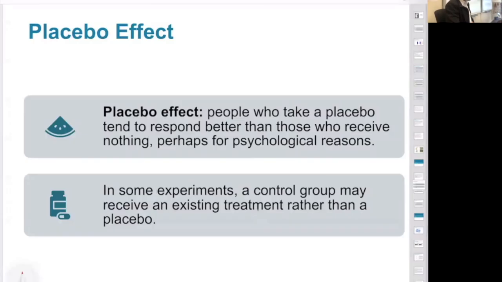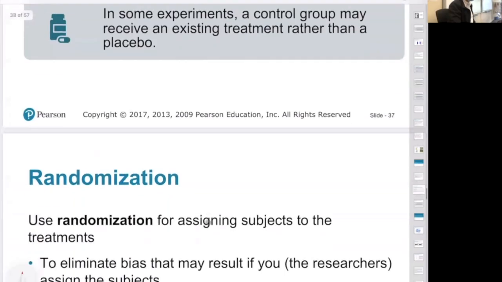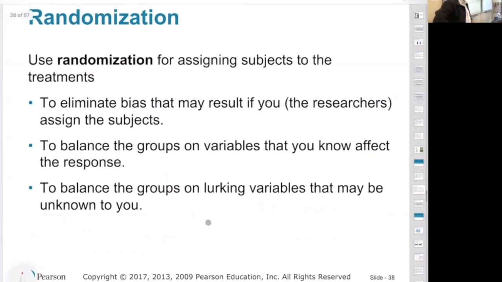In some experiments, a control group may receive an existing treatment rather than a placebo. This just happens sometimes. As I said, randomization is very important in the experimental design. Why? Because it reduces the bias.